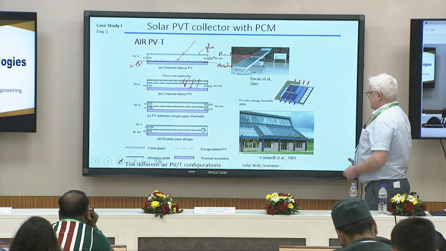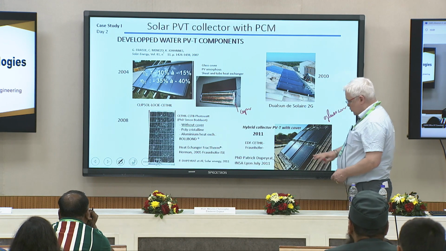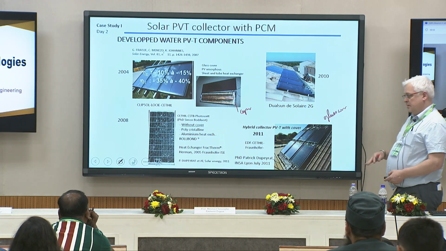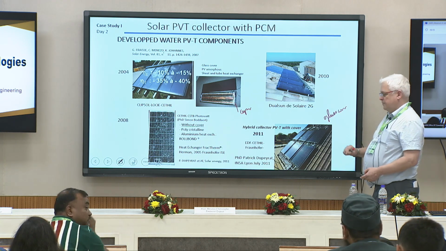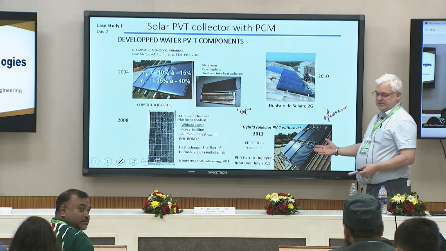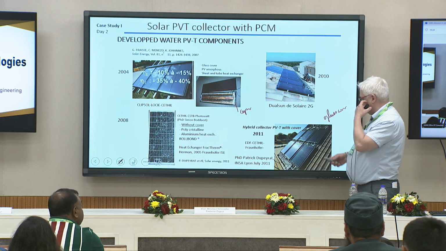Okay. The innovation is that the PV cells were directly put on the heat exchanger. So there was no backsheet, only a film in order to protect the cell from water, but it was directly put on this.